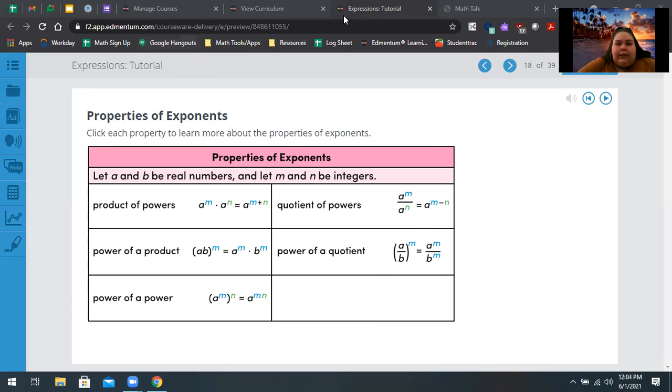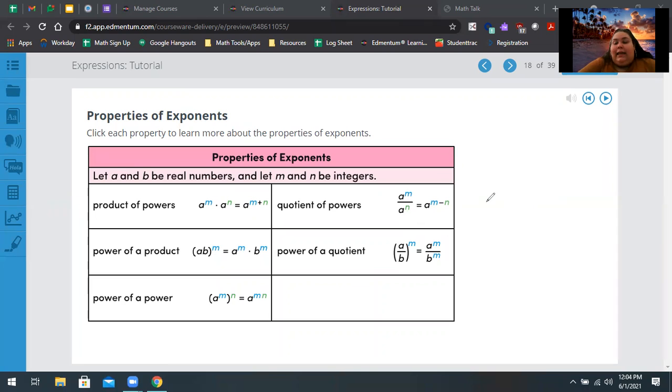So let's take a look. a to the m power over a to the n power. Again, we have the same base of a, but this is in quotient form. Do you see? We're going to subtract the exponents. The top exponent minus the bottom exponent. So please keep that in mind. It's the top minus the bottom here.